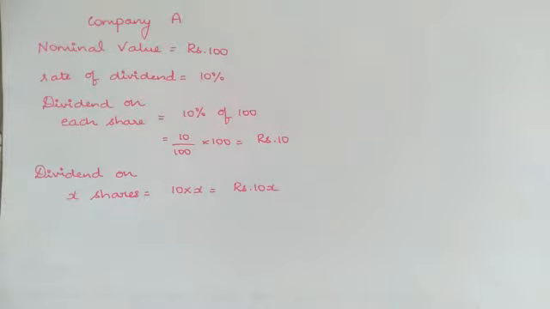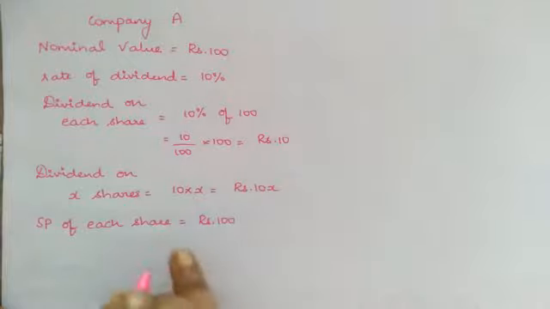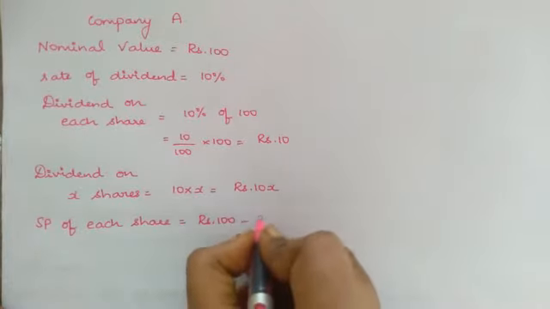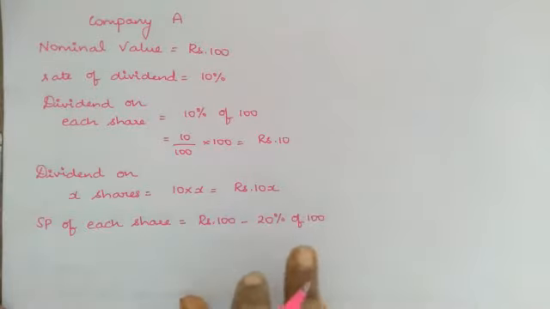Now he is selling his shares at a 20% discount. Let us identify the selling price of each share, and then the selling price of his entire X number of shares. The selling price of each share will be from the rupees 100 nominal value, giving a 20% discount, and this discount is also given on the nominal value only.